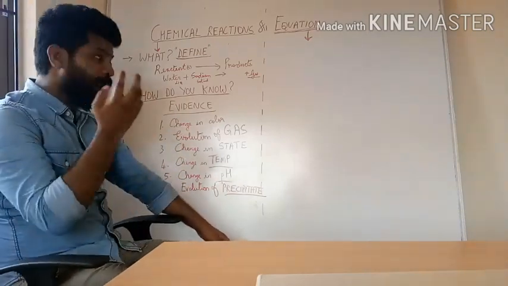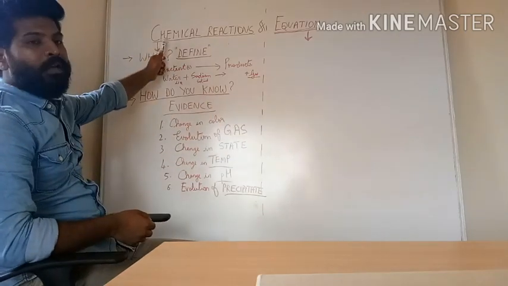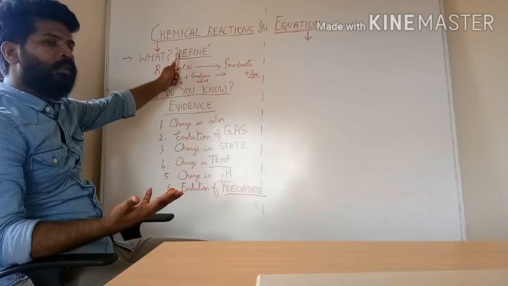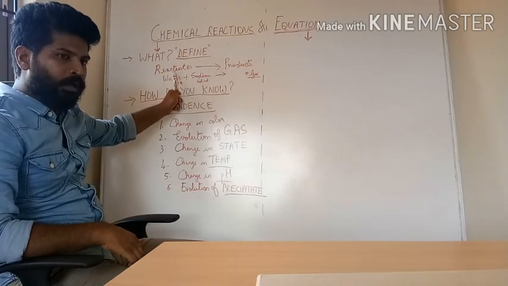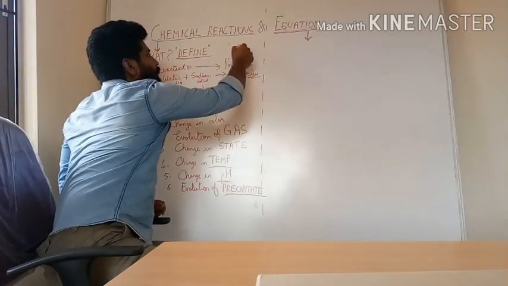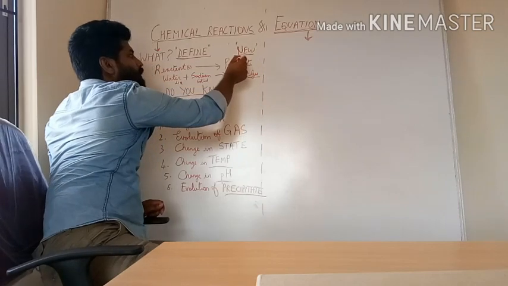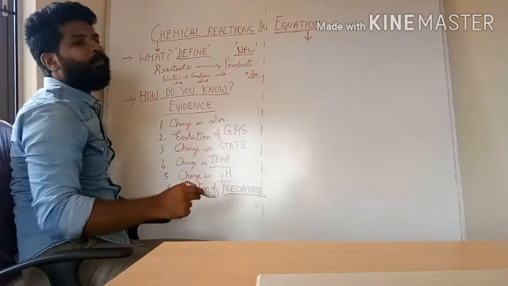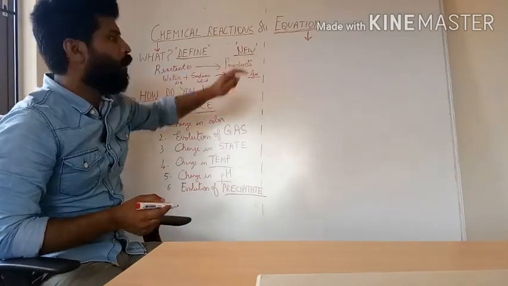So let's quickly go through this once again. So what is a chemical reaction? A chemical reaction is one where your initial reactant has been converted into a new product. Definitely the product has to be new, which is different from the parent compounds. So that is an important point.